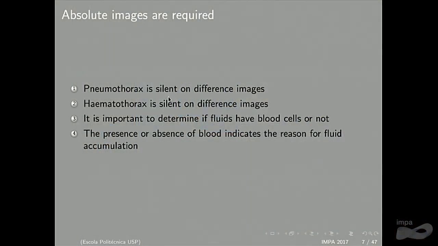So a pneumothorax is not visible, a hematothorax is not visible. The accumulation of fluids, the nature of the fluids that are being accumulated, is not visible nowadays, especially the presence or absence of blood in the fluids.